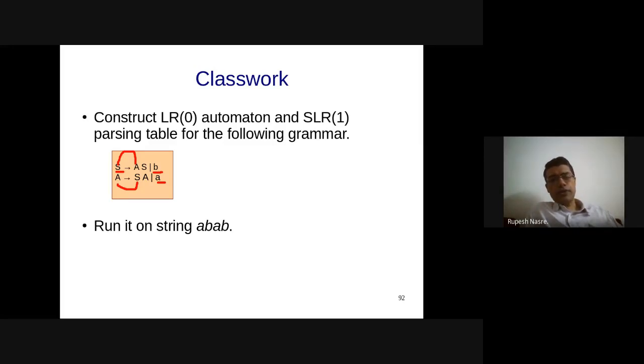So that is going to be the first state I0. That will be S prime deriving dot capital S. Once we have this kernel item, then we have to build a closure corresponding to this and then go on applying the transition. So please try that. So how many items in I0?